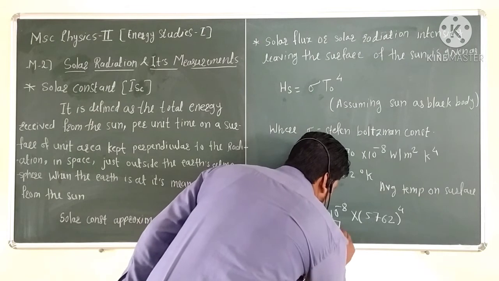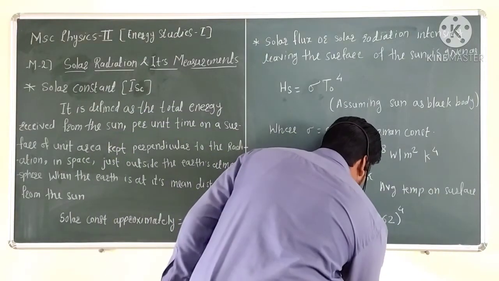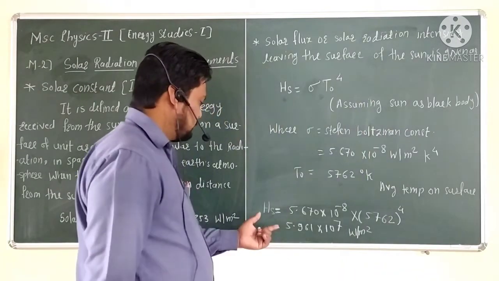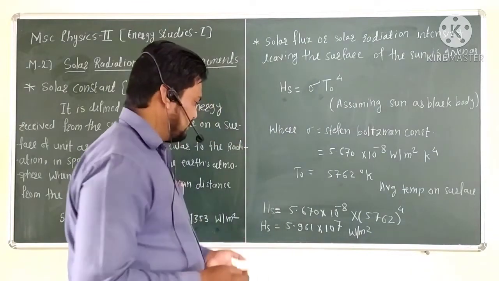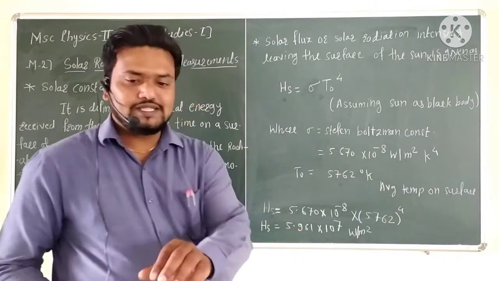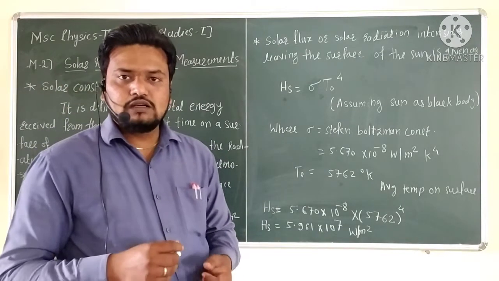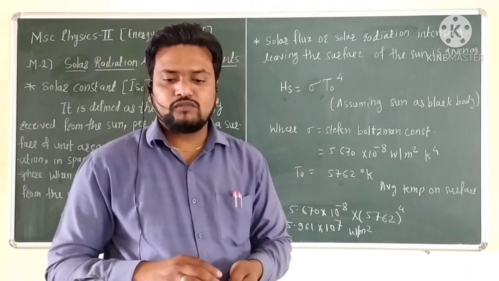into 10 to the power 7 watt per meter square. So that is a huge value, and depending on this calculated value we want to calculate the final solar flux value.